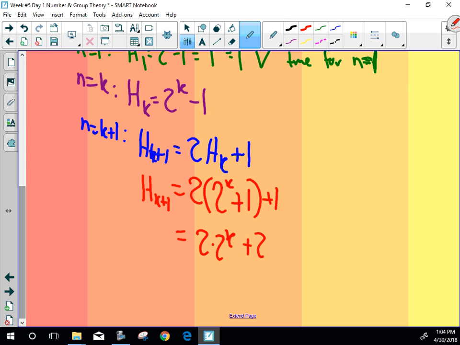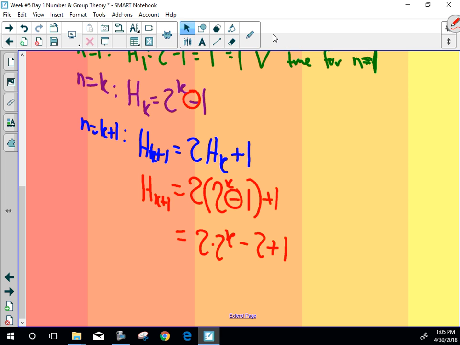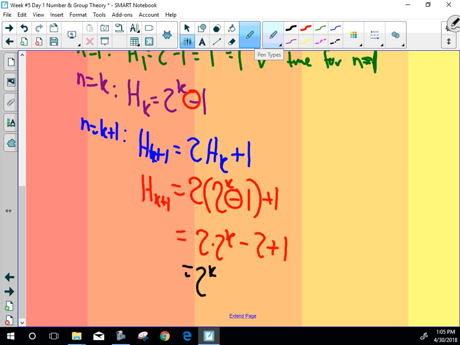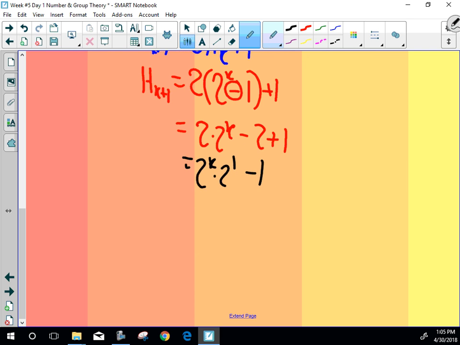I had a little error in here. It's not big, it's a little tiny error. This was supposed to be 2 to the k what? Minus 1. So this is going to be minus 2 plus 1. Right? Okay, so then this is 2 to the k times 2 to the 1 minus 1, which is the same as 2 to the k what?